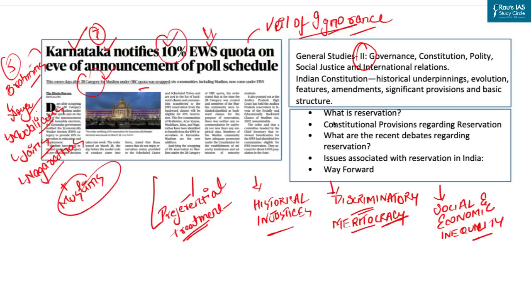So in this discussion, we will cover what is reservation, what are the constitutional provisions regarding reservation, then we'll see recent debates regarding reservation, then we'll talk about issues associated with reservation in India, and we'll end our discussion with a way forward. So let's start our discussion with the question: what is reservation?